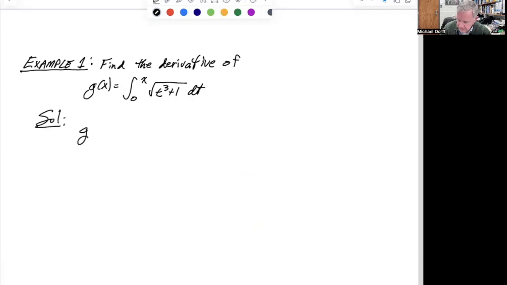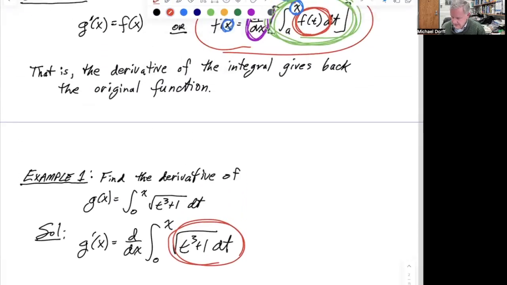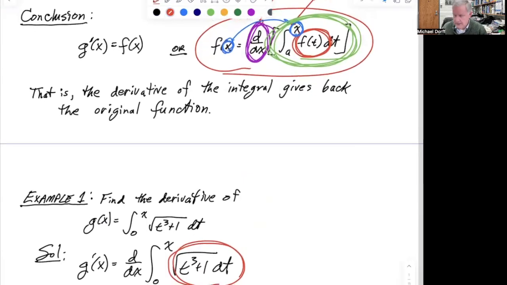So I want to find g prime, which is going to be the derivative of this integral from 0 to x of the square root of t cubed plus 1 dt. Remember that the t is just a placeholder, a dummy variable. What does the fundamental theorem of calculus tell us? We have it circled up here at the top in red.